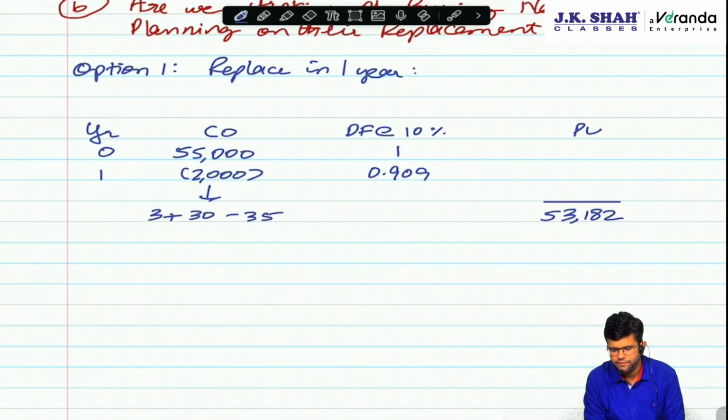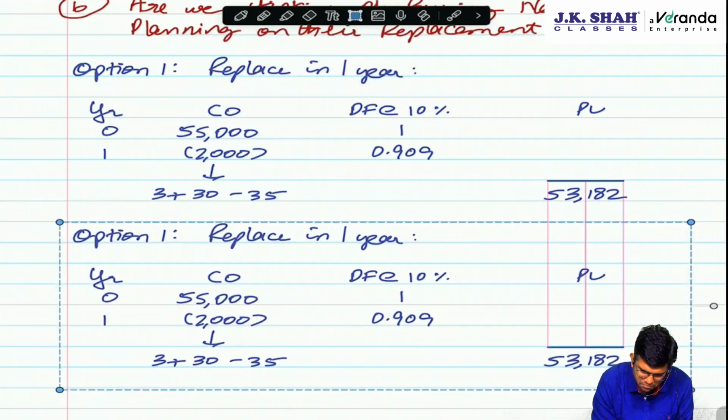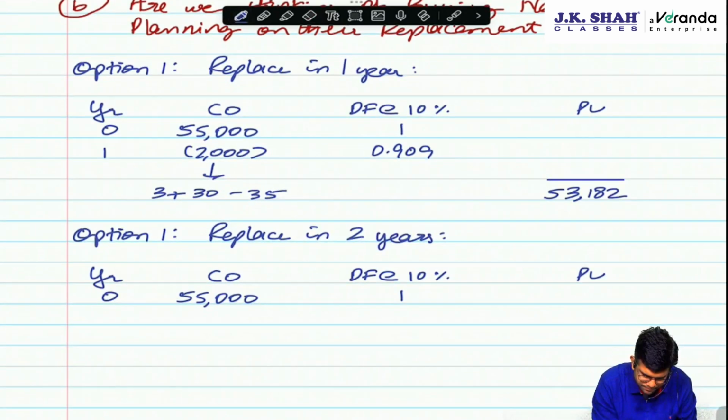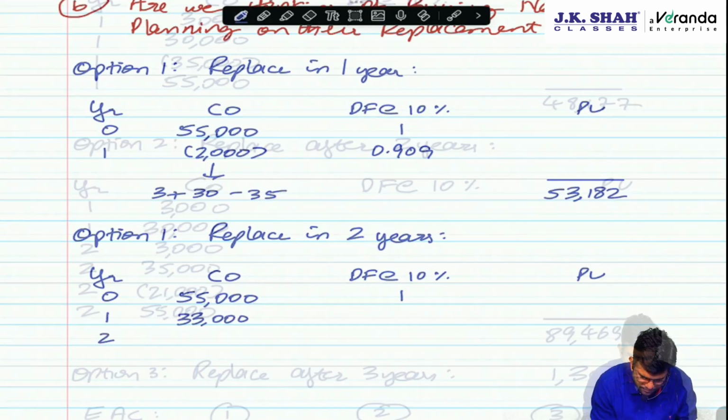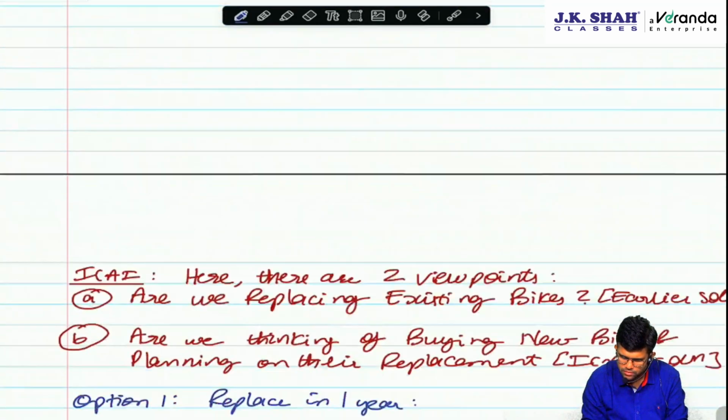Cost 53,182. Can you now do this for 2 years and 3 years? Everything else remains same. 17,000 in year 2, no?